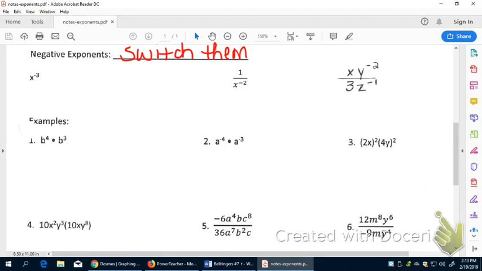So on the first one there, x to the negative 3, that's on the top because you don't see a fraction. It's like there being a 1 on the bottom if you want to look at it that way. So you just move x to the negative 3 to the bottom and it makes it x to the positive 3. The 1 is like the coefficient in front of the x to the negative 3, and the 1 on the bottom is just staying.